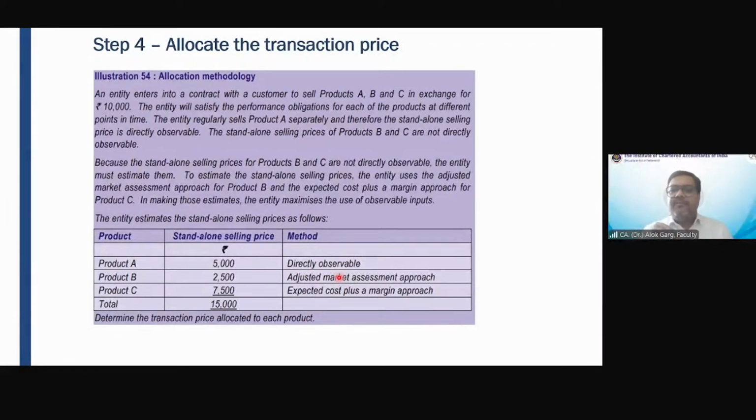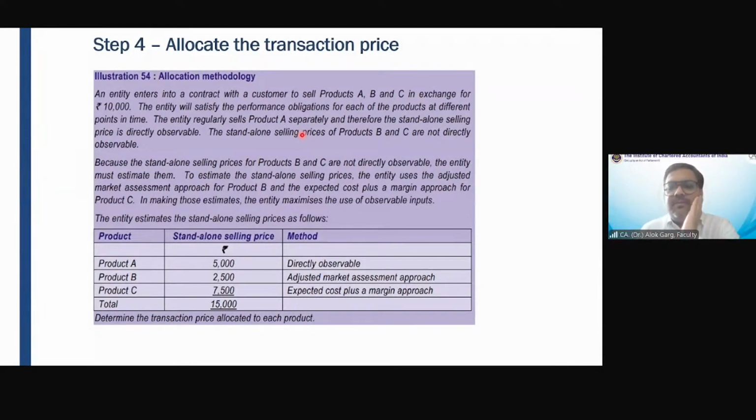I will say that the company used to sell the product. The competitors are selling this product B at, let's say, 2,000 rupees. And the company expects that it may have 25% cost over and above what its competitors have. In that case, you have to apply your bent of mind.